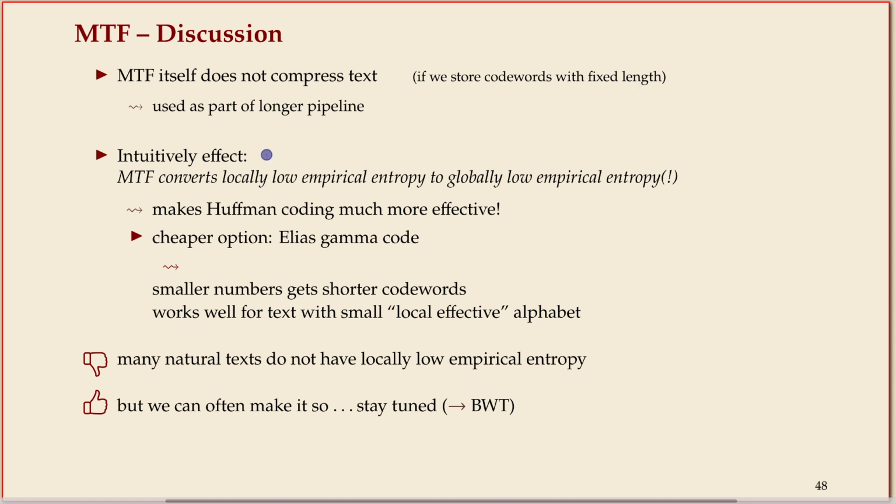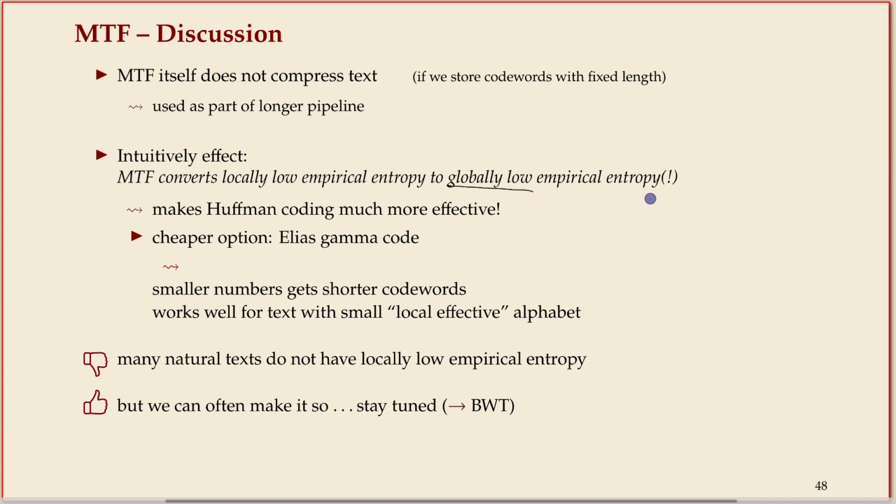What happens intuitively, and I hope the 2 examples in the questions from the example hint to that, is if you have something with low empirical entropy locally, so there's a region in the source text where you have only some characters occurring, but these characters can change over the different portions of the text, then move to front transforms that to a globally low empirical entropy.